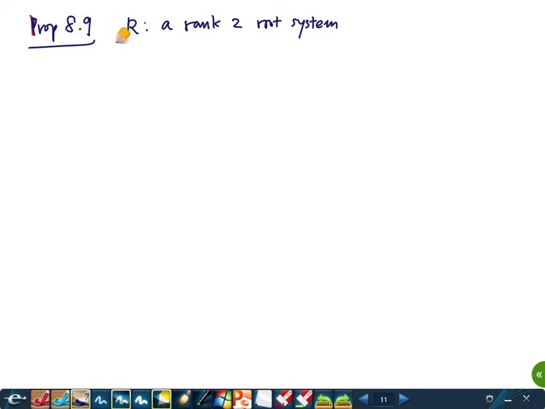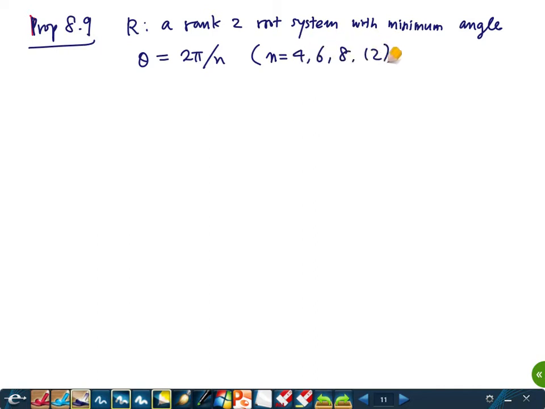So it's enough to say that R is a root system with minimum angle theta equals 2 pi over n. But we know that n must be one of 4, 6, 8, or 12. This is the first proposition that we saw today.